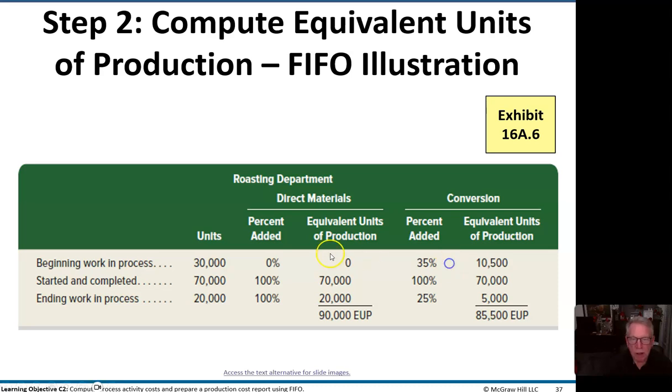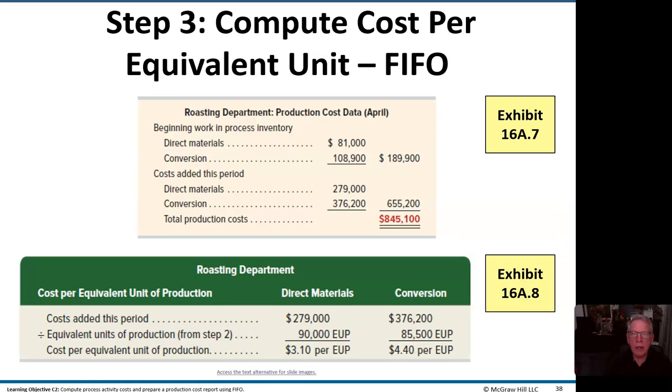Then we take 35% times 30,000, we get 10,500. That which we start and complete is 100%. And then we have 25% of 20,000 in ending work in process, or 5,000 units. That results in 85,500 units in conversion.